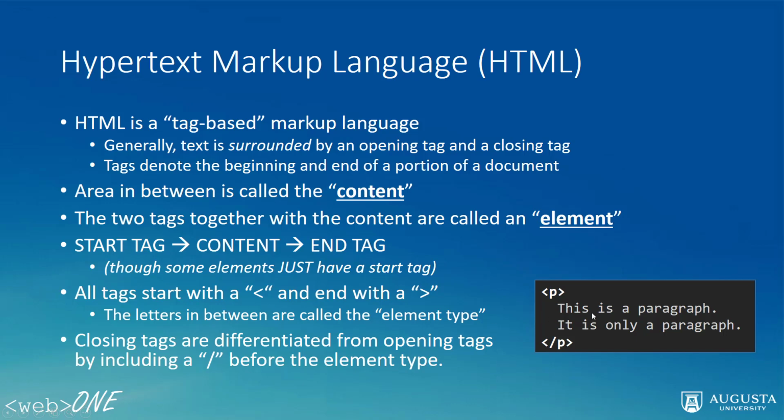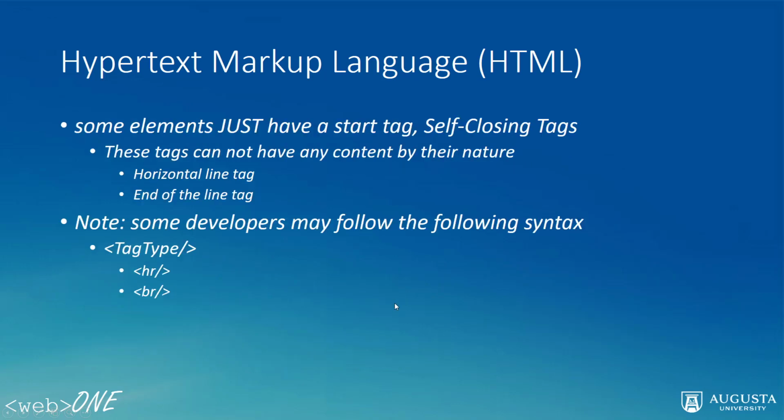As you see, all tags start with the less than sign, then a phrase which shows the tag type, which shows the element type, and a greater than sign character. A closing tag starts with a less than sign and a slash, the tag name, and a greater than sign.